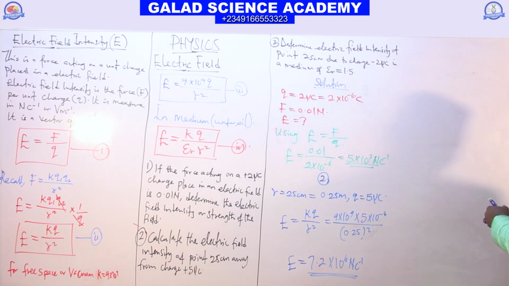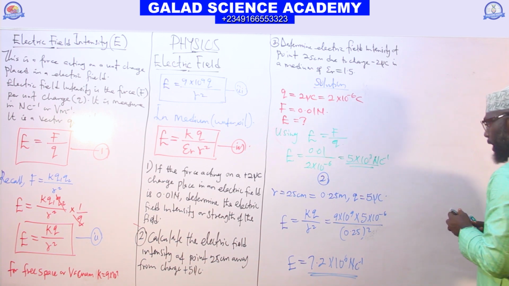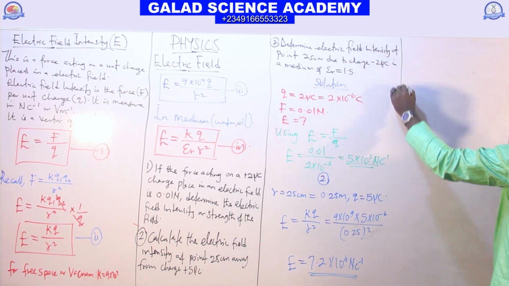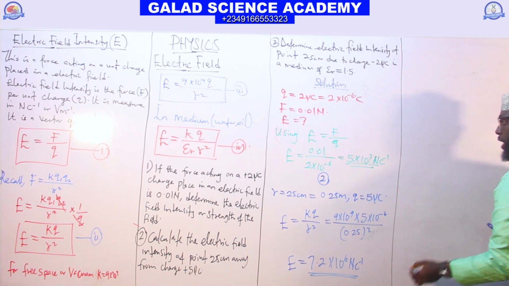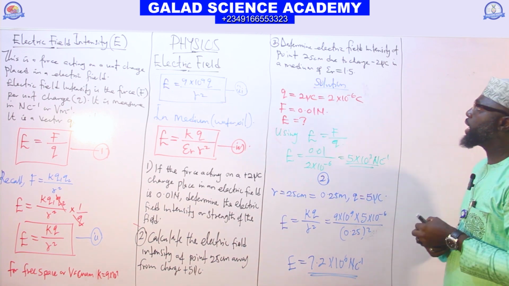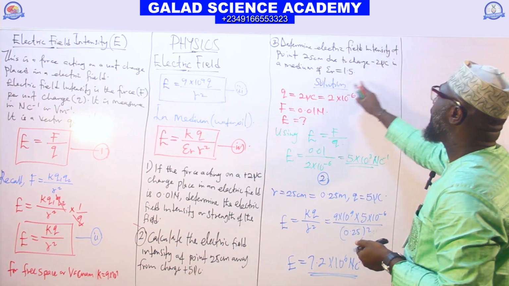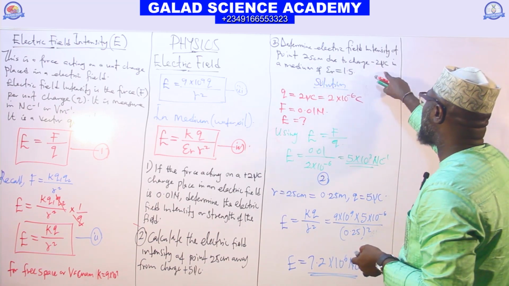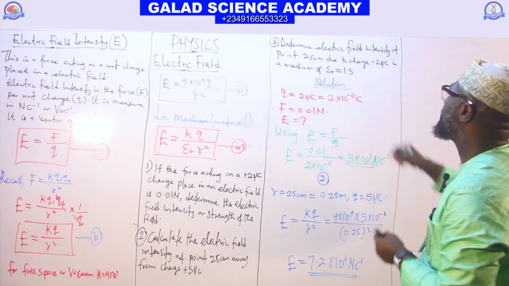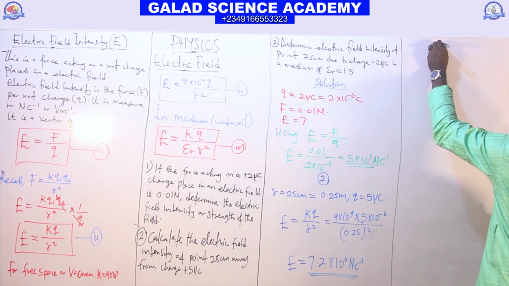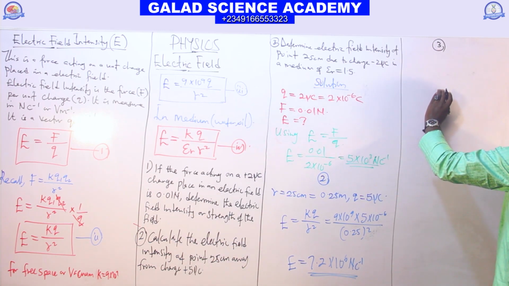So the last question for today, the third question. The question says, determine the electric field intensity at 25 centimeter due to the charge of 2 microcoulomb in a medium of relative permittivity 1.5. This question number 3 deals with a medium.